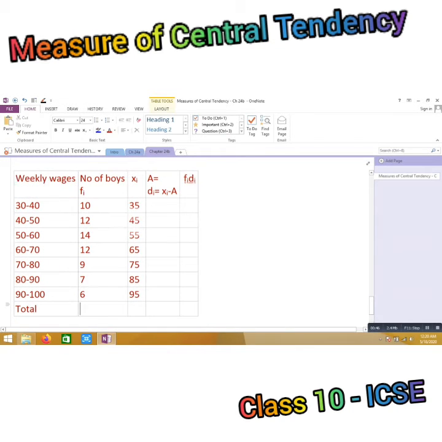Next here we need to find the total for frequency. The number of boys is 70 and A is the assumed mean, which is 65.